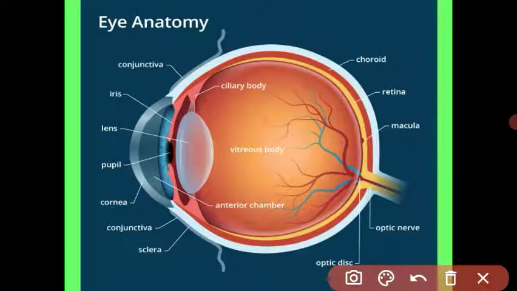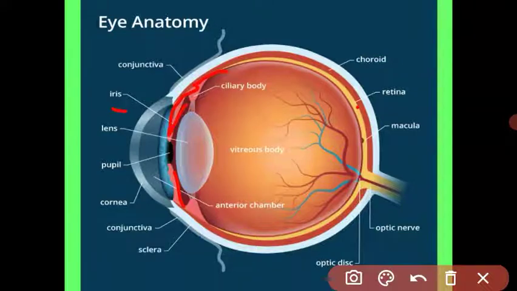The next layer is the choroid layer. The choroid layer gives a rich blood supply to the eye, and in front the choroid layer is divided into many parts. This part of the eye is called the iris.